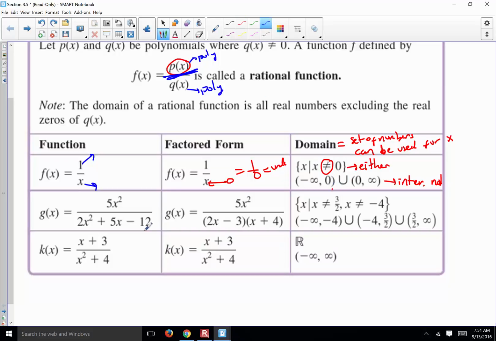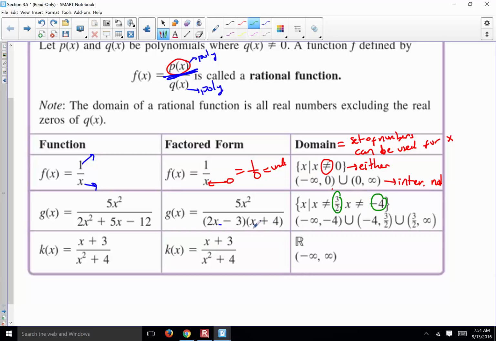The second example we have here is pretty crowded with terms. We factor the denominator. They factored it to x minus 3, x plus 3, 4, and they found there are two values, 3 over 2 and minus 4.